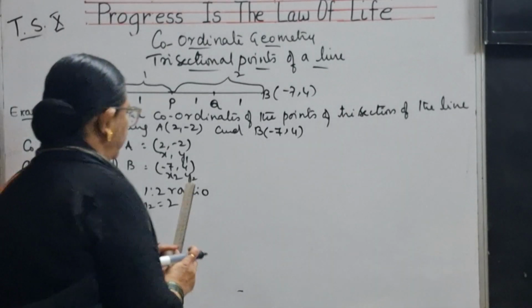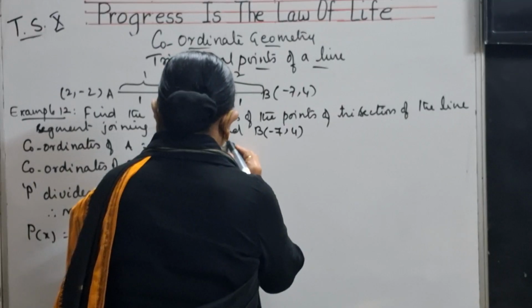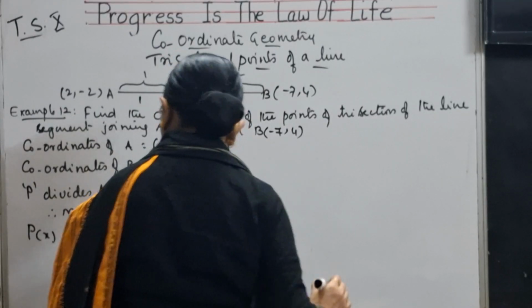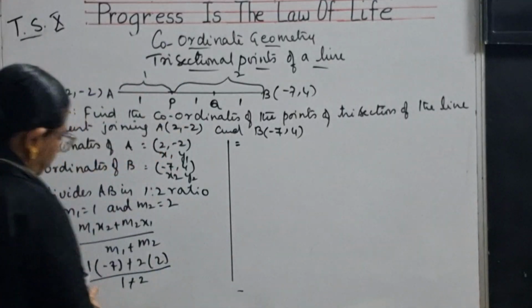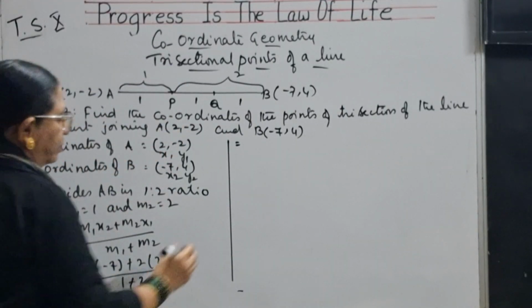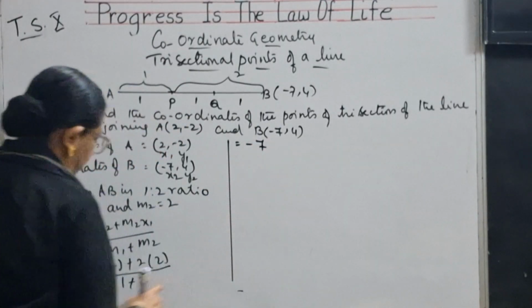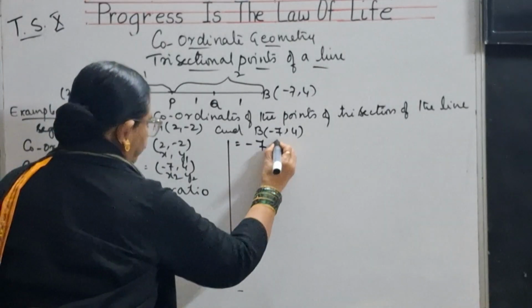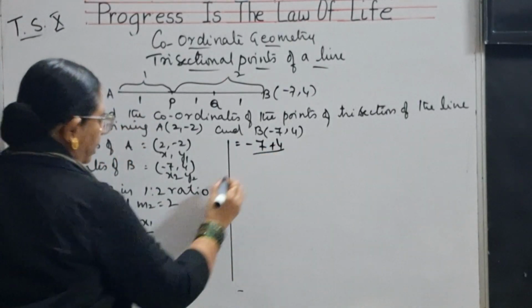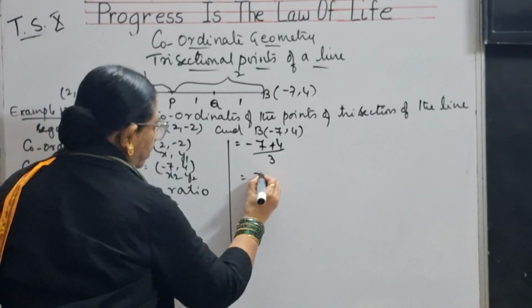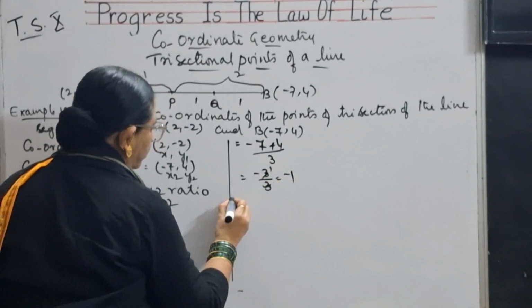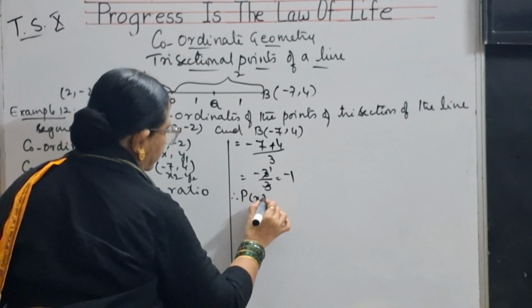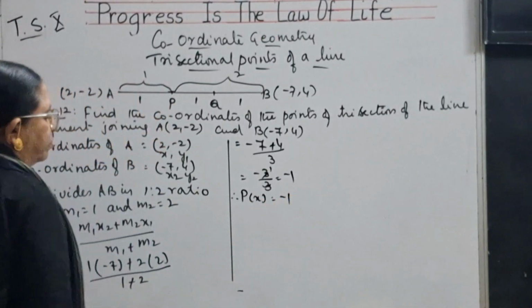So how much are you getting here? This is equal to 1 into -7 is -7 plus 4 by 3. That means -3 by 3, that is -1. So P of x is equal to -1.